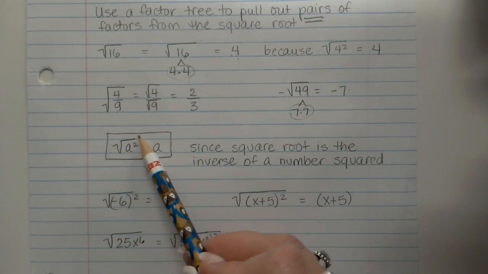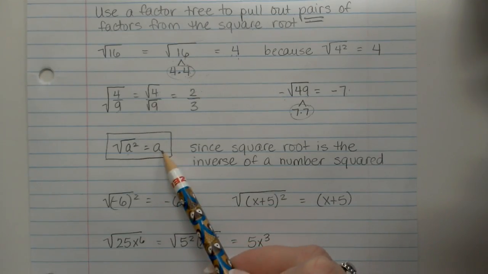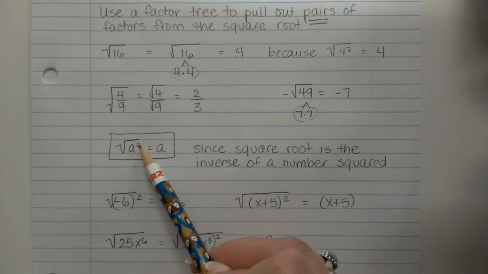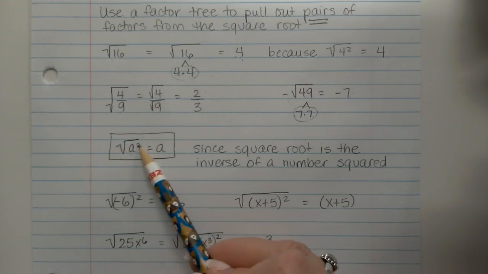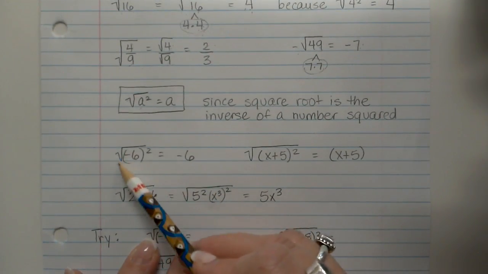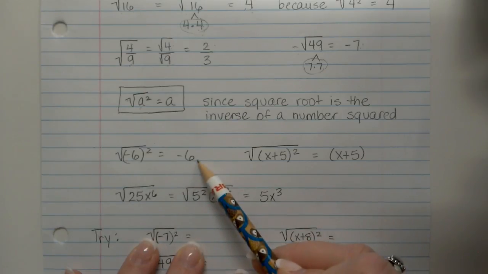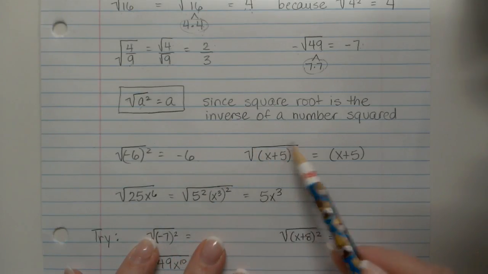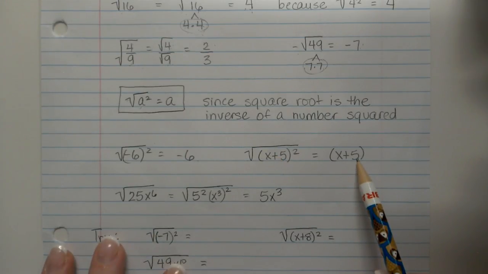Remember, if you take the square root of something that is squared, it's simply that same thing back because the square and the square root are inverses of each other. You're basically canceling them out by doing both. So in this case, the square root of something squared is that same thing pulled out. The square root of this thing squared is simply this pulled out, because they're inverses.